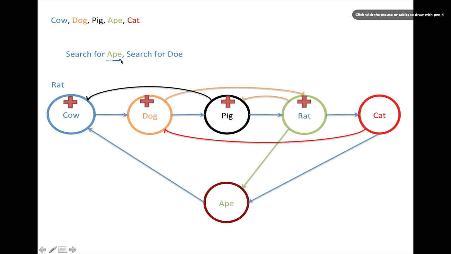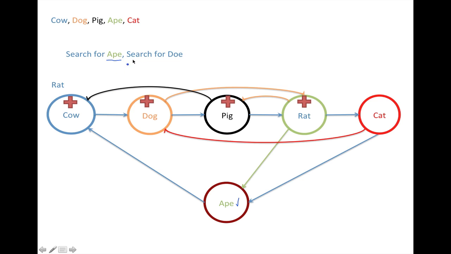First we're going to search for ape, and ape is green, so that means that the start location is here. We don't find ape here, but we do have a plus, which means we have to follow the green arrow to the next place, and here indeed we do find ape. So we found ape, and the plus was important for that.